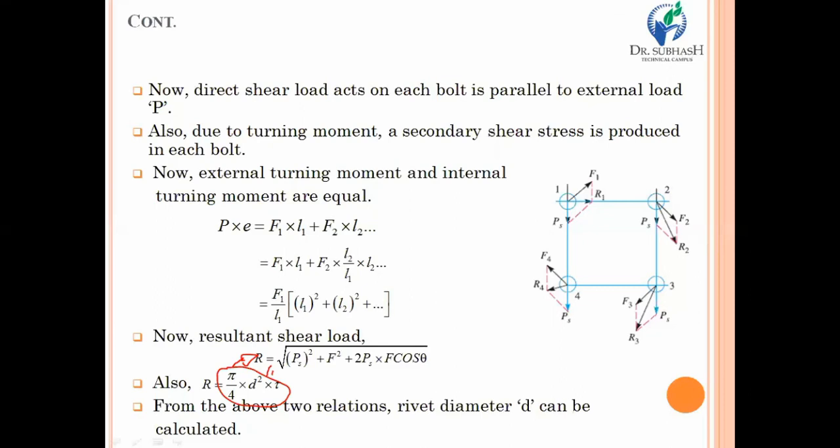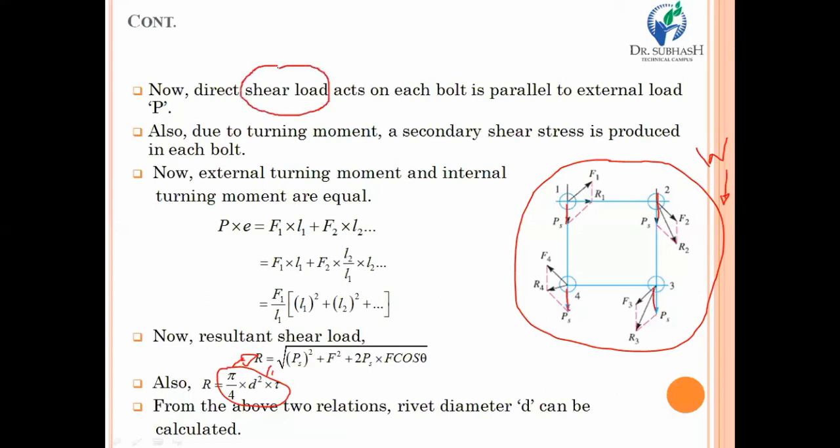One more thing that we should discuss here is that, look at the diagram. This is a bolt system that you have been given. 1, 2, 3, and 4 are the bolts. Over here there is a bracket, and on that particular bracket the external or eccentric load W is applied. So what happens due to that particular W, the direct shear load acts in this direction. So this is the first case, where we have calculated the direct shear load.